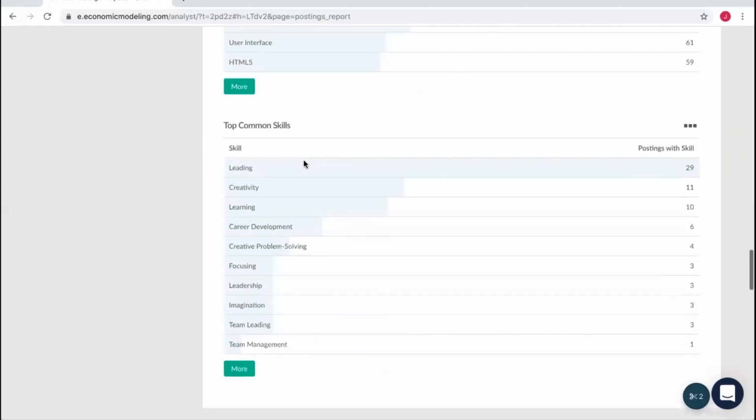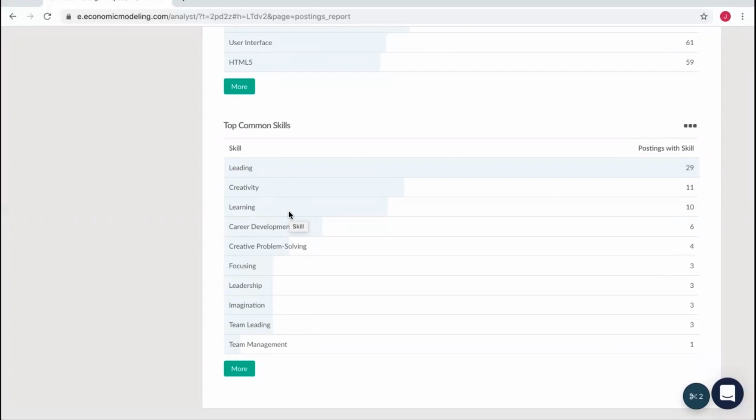Looking at the common skills, again we've got leading, we've got creativity, as probably would be expected, creative problem solving. These skills are often what underpin some of the more digital industries. The question I'm often asked in colleges is what skills should we be considering to underpin our digital curriculum?